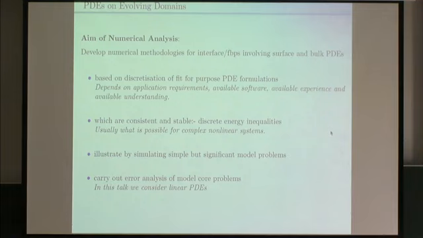And the first thing that you might like from a numerical method is that the solution of your numerical method enjoys those properties. That's what we mean by consistent and stable with respect to discrete energy inequalities. That usually is possible for complex nonlinear systems, if you're sufficiently clever and interested in doing that. In Robert's work with John Barrett and Harald Garcke, that's what he did.